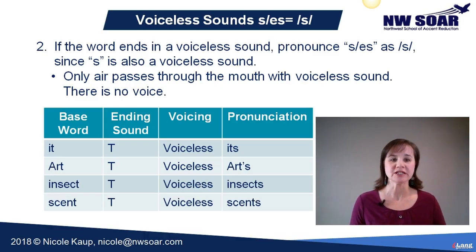So you can tell that T is a pretty common ending for words in English. So each of these words, we're just going to pronounce the S as S. Let's go through them quickly. It, its. Art, arts. Insect, insects. Scent, scents.